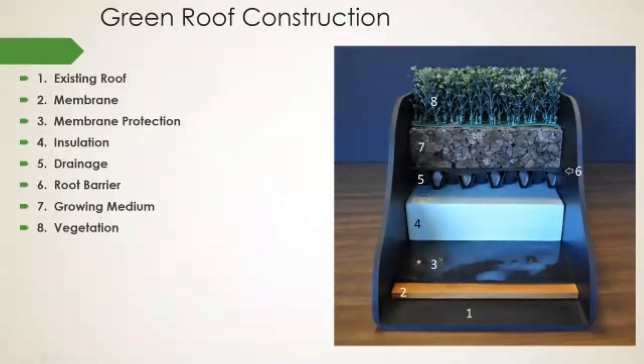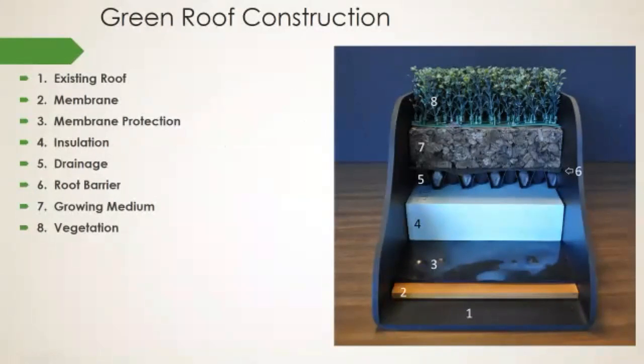This is a model of our green roof and the layers here, how it's put together. So we have the existing flat or sloped roof here, that's one. It is often pre-existing with a waterproof membrane.